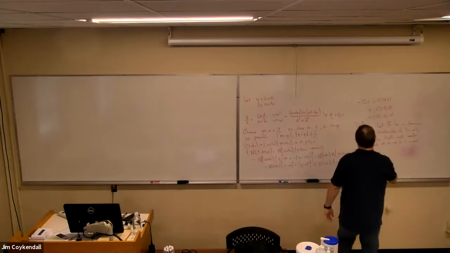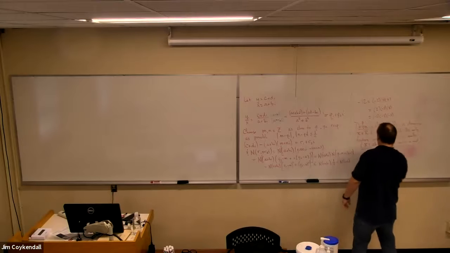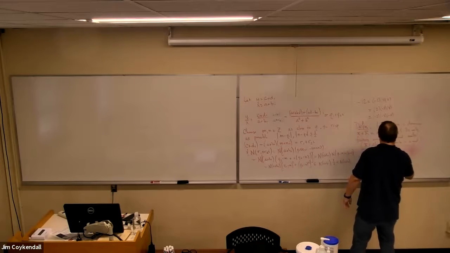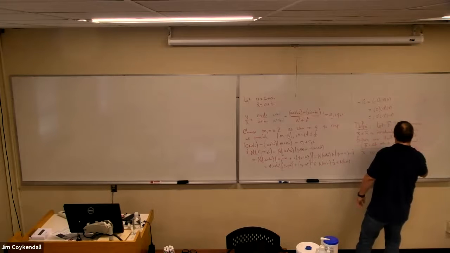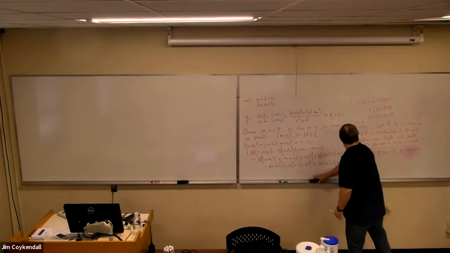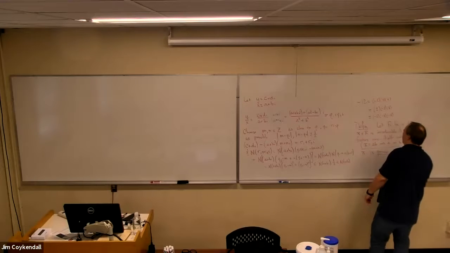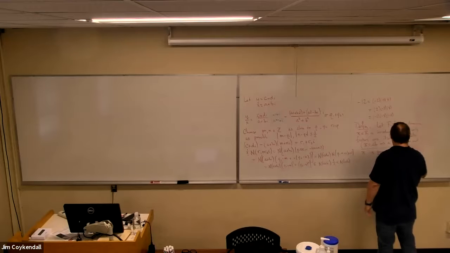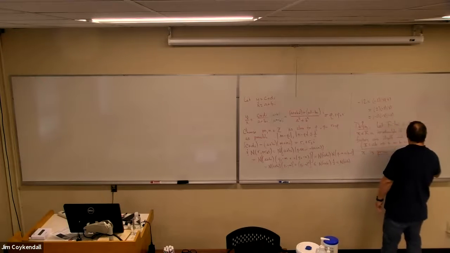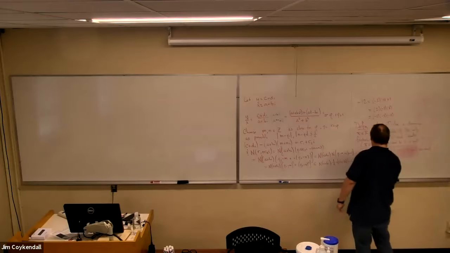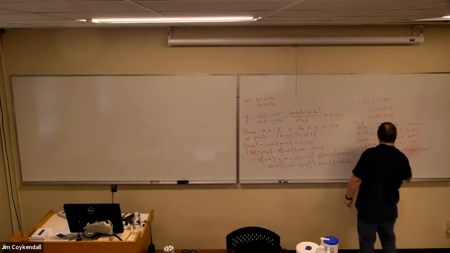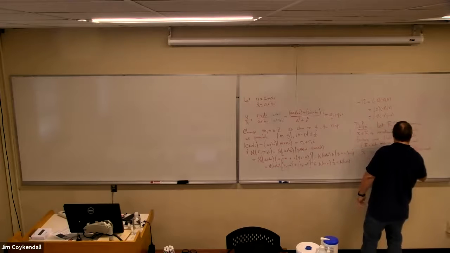Let me add to this definition. Pi is prime if pi is not a unit, and pi divides AB implies pi divides A, or pi divides B. I should have also said that for irreducible: I'm going to assume that irreducibles themselves are not units.